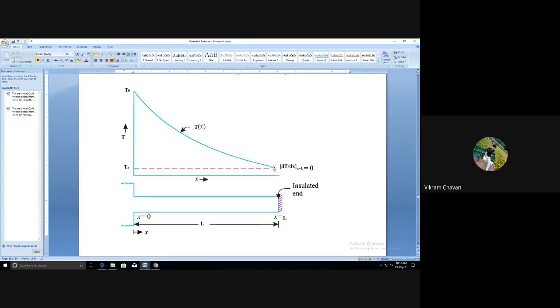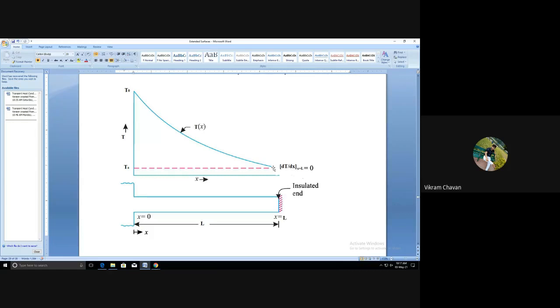And we have considered that the heat transfer at the end of the fin is negligible, so the temperature gradient at the end of the fin we have to consider as 0.